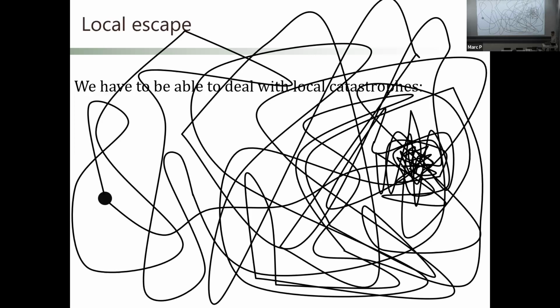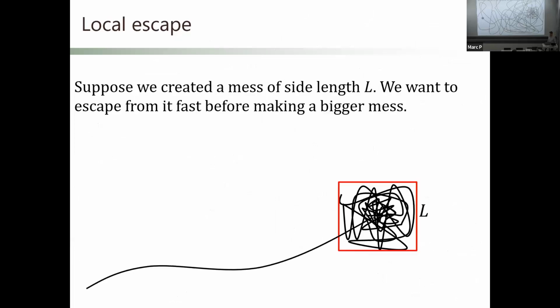We need to be able to deal with bad configurations of the cyclic walk before they get even worse. So we need to be able to escape. We're going to show that these tangle regions get confined to very local spots.